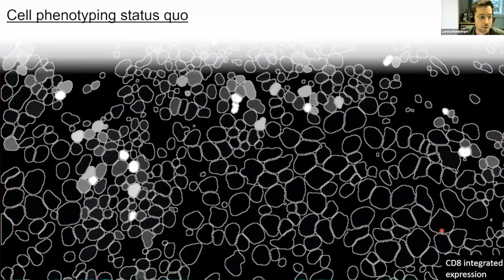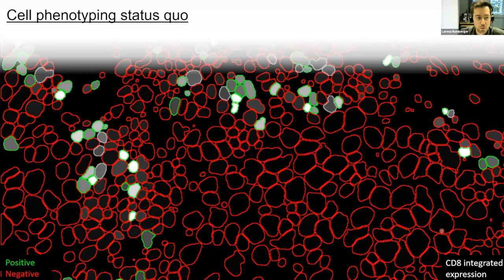In a small scale experiment, you can just apply a threshold: cells with high expression levels are positive for the marker, and cells with low expression levels are negative for the marker. And this is not really scalable.